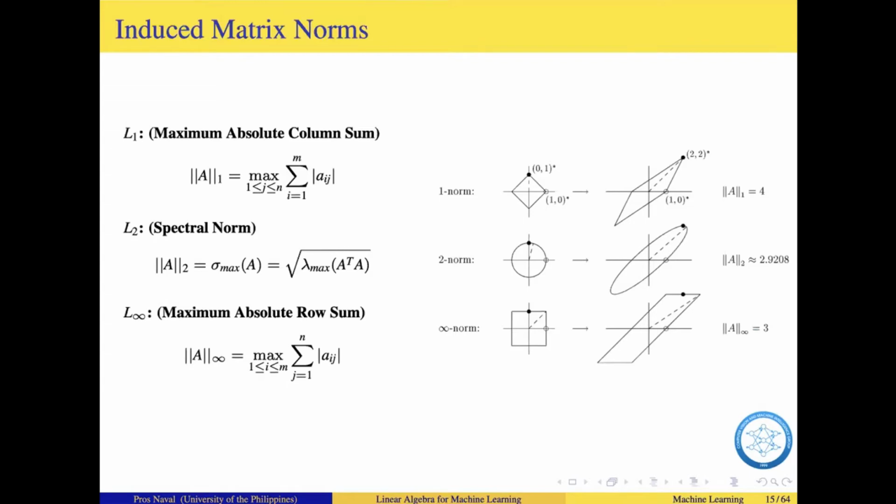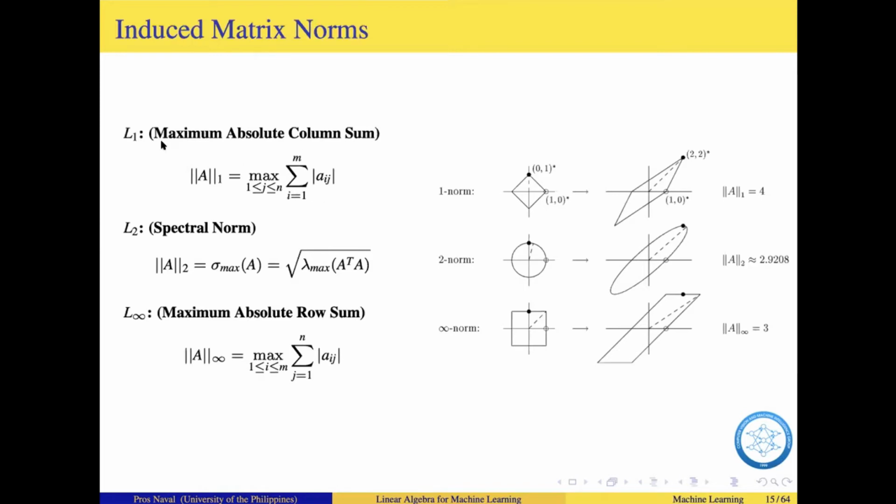We have the following induced matrix norms. The L1 matrix norm is the maximum of the L1 norm of a column of a matrix. To obtain this norm, we sum the absolute value for each column and take the largest sum.